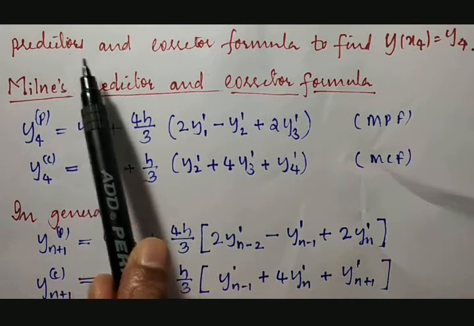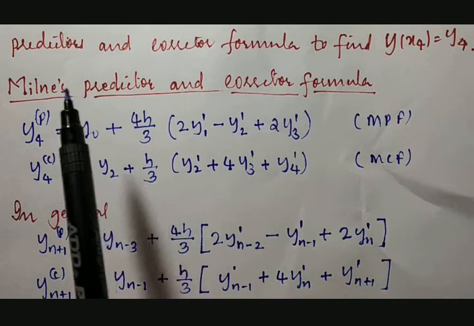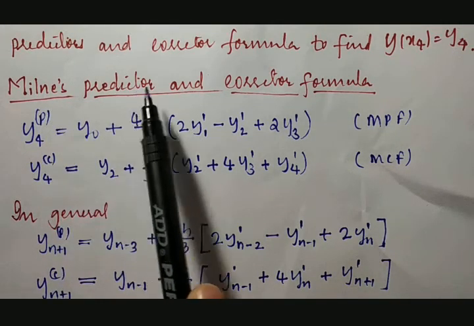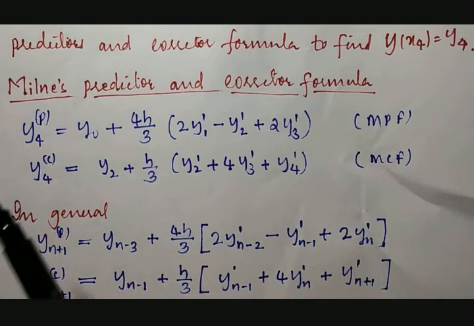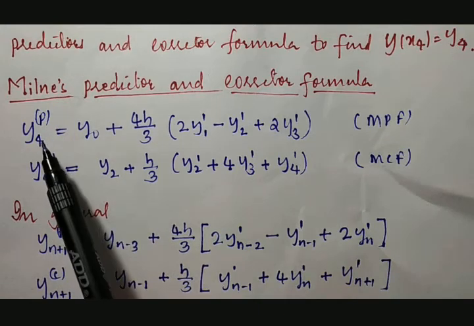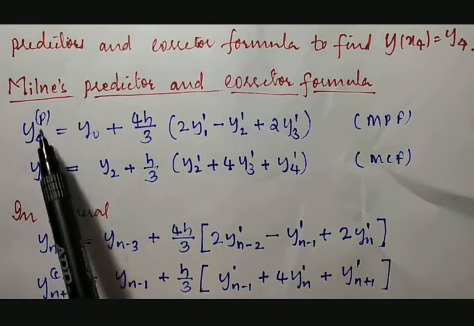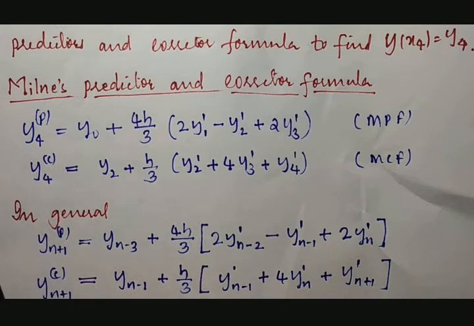So to obtain an accurate solution for y4, we are using Milne's predictor and corrector formula. We need y4, but if you see the notations, we can understand it is y4 prediction and y4 correction.